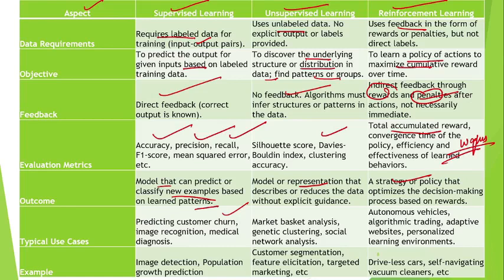Medical diagnosis, yes or no. Image recognition, market basket analysis, genetic clustering, social networking, all this comes under unsupervised. Autonomous vehicles, algorithmic trading, adaptive websites learn from that, correct? These are the things. Examples, as I told you: image detection, customer segmentation, and driverless cars, self-navigating vacuum cleaners.